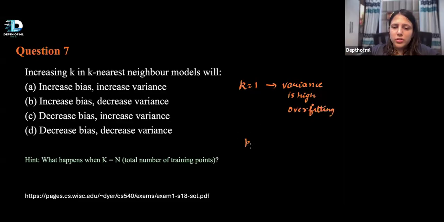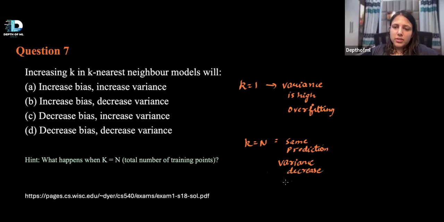And when K is equal to N, what will be the prediction value for any data point that I give? It'll give me the same prediction value, right? So can I say that variance decreases?